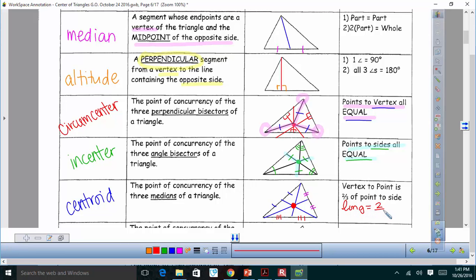Long piece equals 2/3 of the whole. And what does that mean the short piece equals then? So I'm going to write that too. Short piece equals 1/3 of the whole. Okay, questions so far for this?